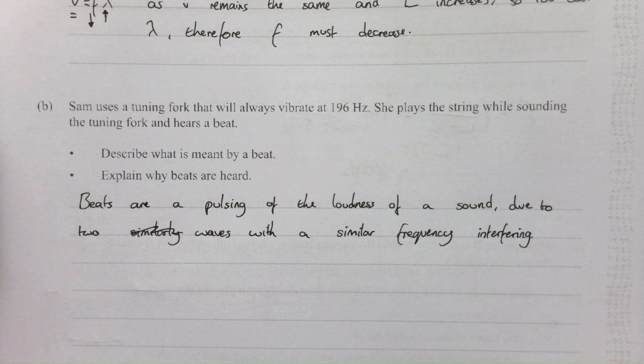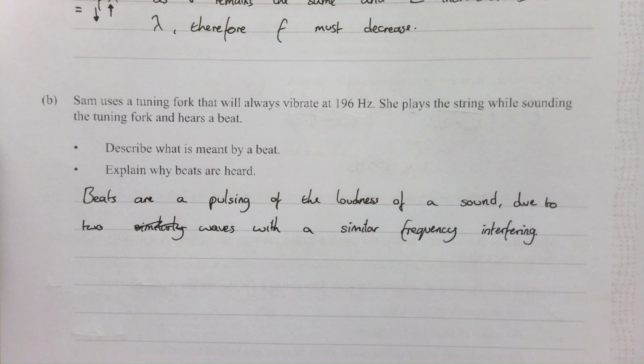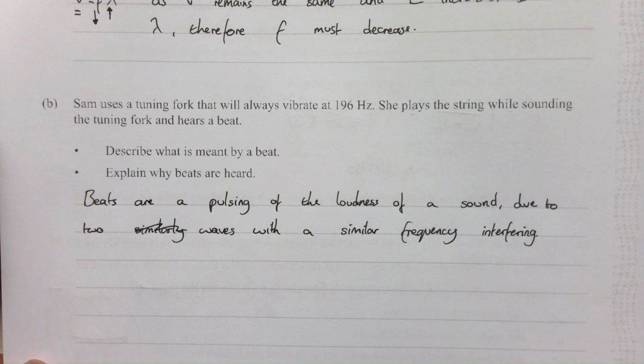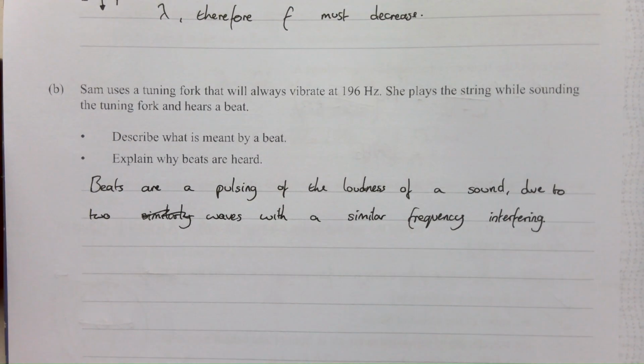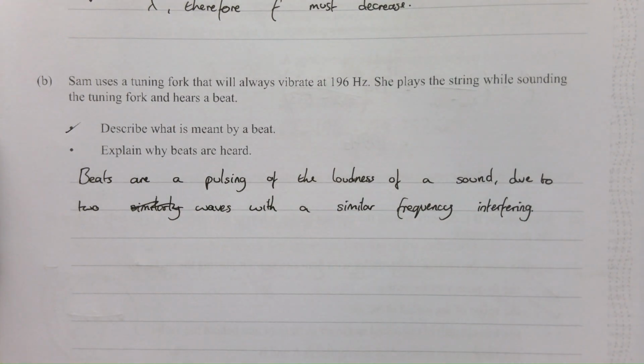Probably isn't the best way of saying that. So often this is heard when you're playing stringed instruments. If one of your strings is slightly out of tune and you go to play the same note, you'll hear an audible change in the volume of the sound you're hearing. Okay, so that's what's meant by a beat. We can tick that bit off because we've explained what a beat is.